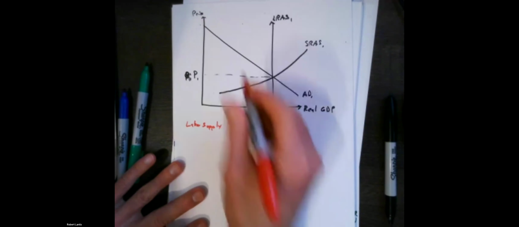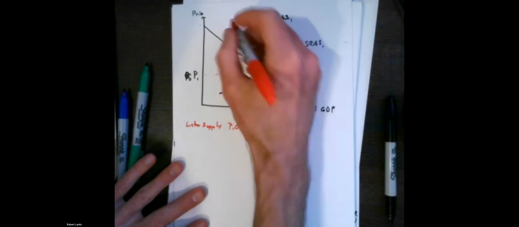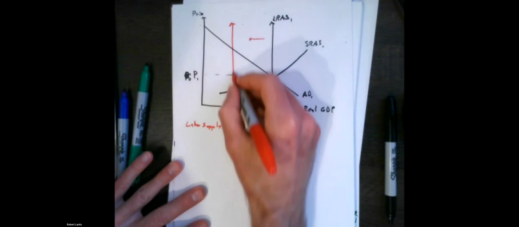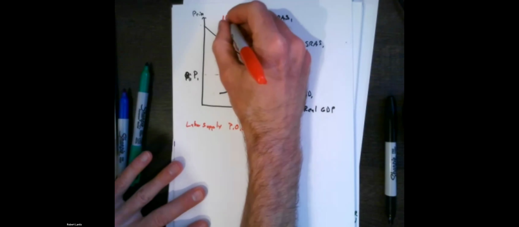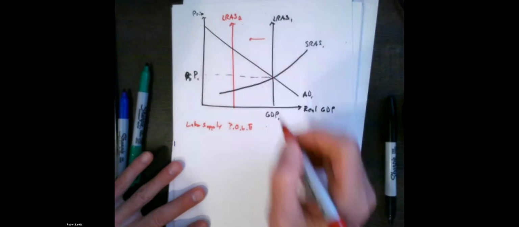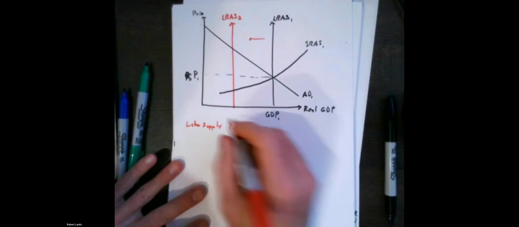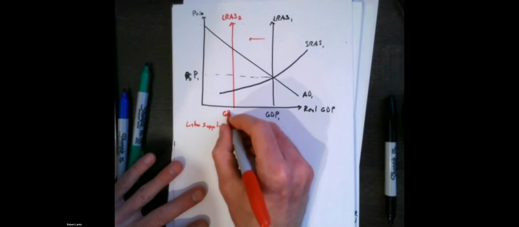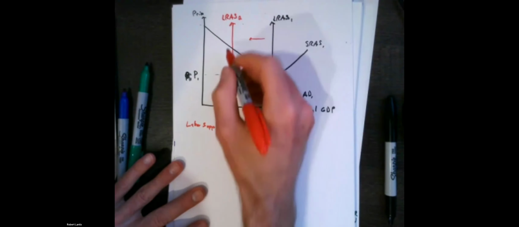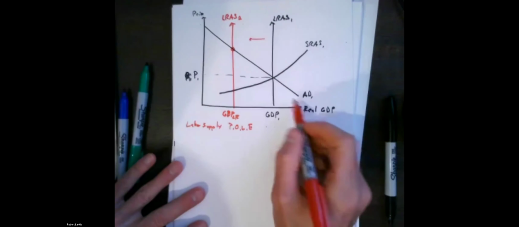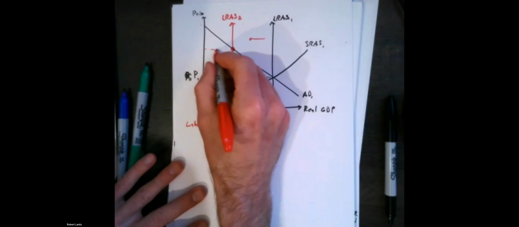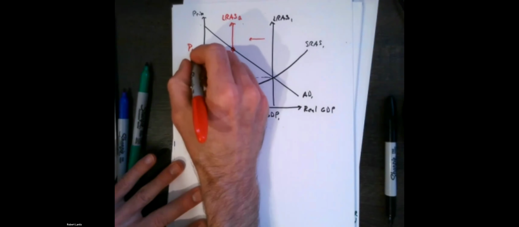If labor supply goes down, we're going to see a decrease in our long run aggregate supply. So this would be our new long run aggregate supply. In which case, we know that the new long run GDP will eventually be at this point where long run aggregate supply hits aggregate demand. And eventually, our prices in the long run will rise to this level.